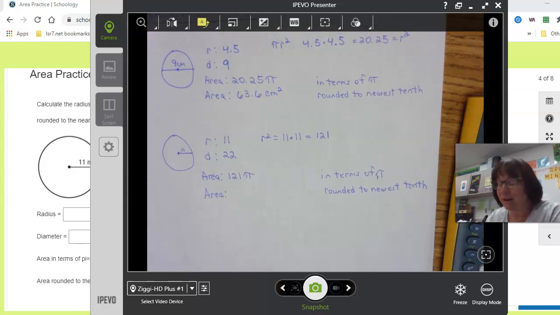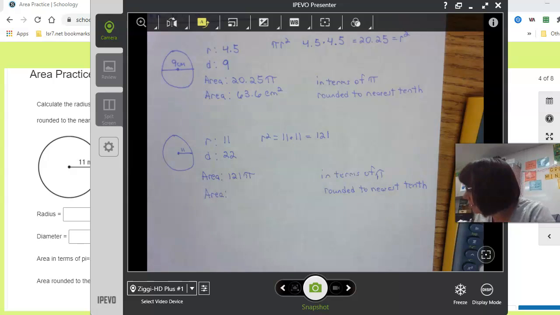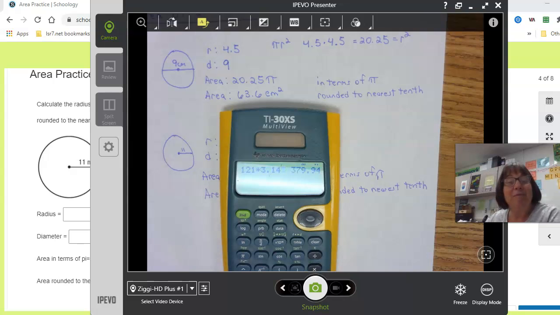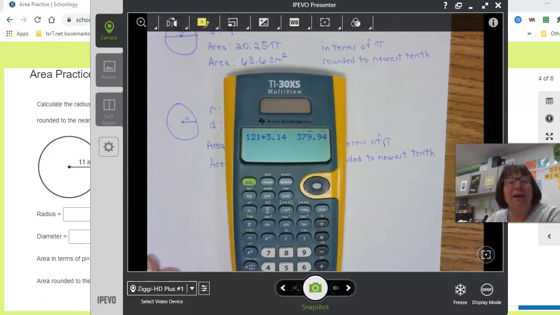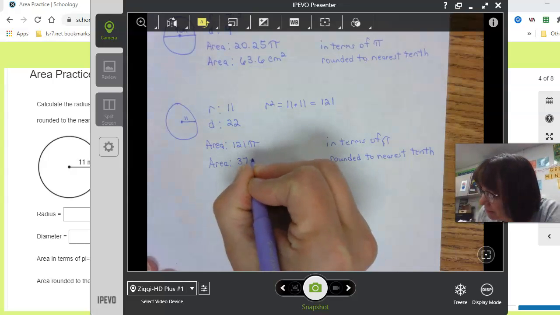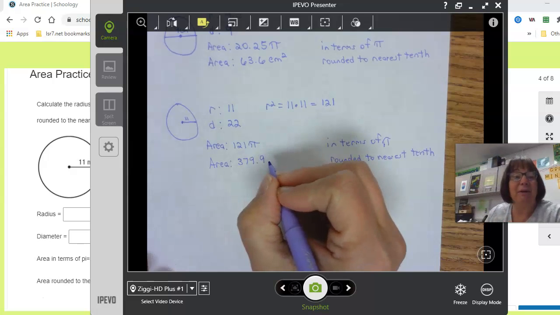And then the area rounded to the nearest tenth, I take 121 times 3.14, and you get 379.94. So the 4 says stay at a 9, so it's going to be 379.9. And I don't remember what this one was.